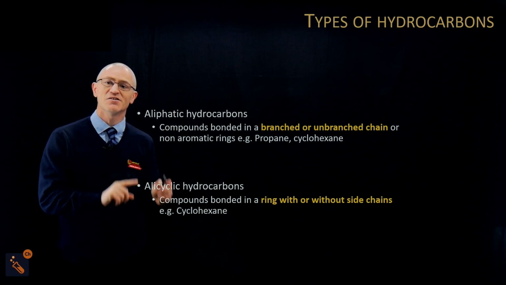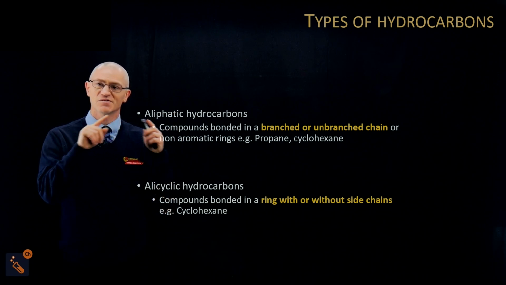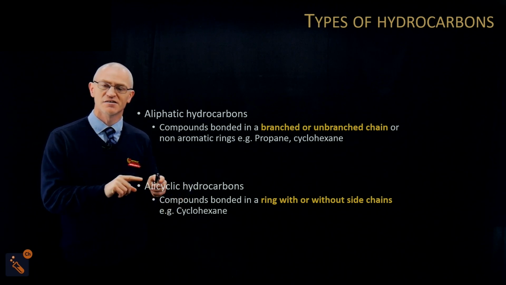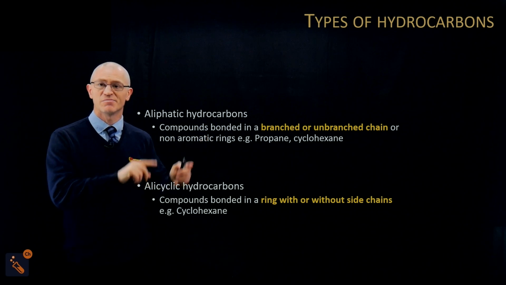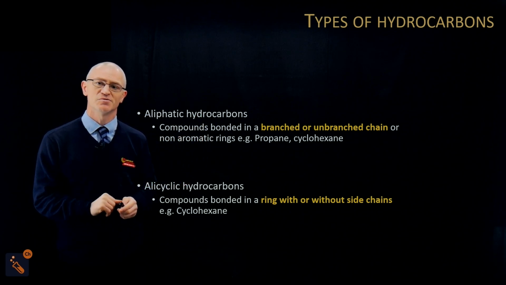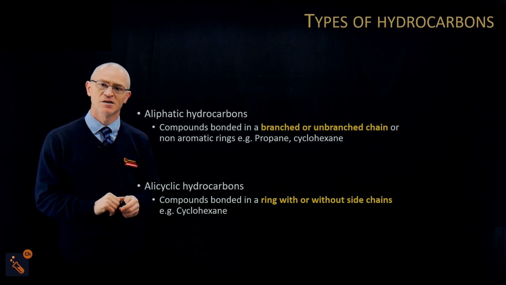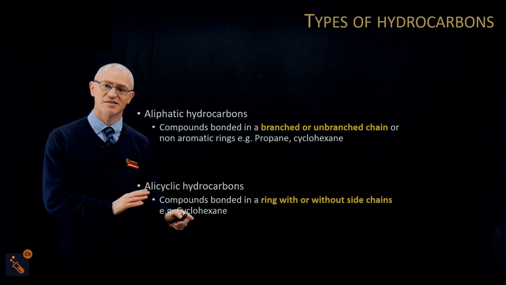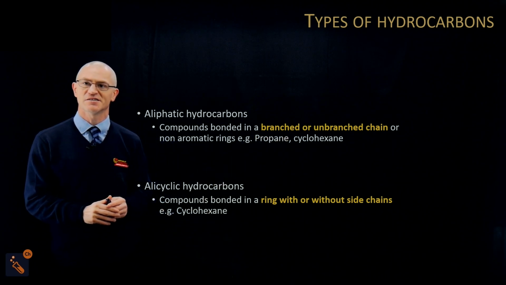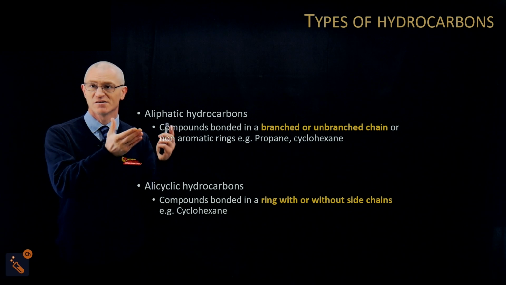An aliphatic is not alicyclic because an aliphatic doesn't have to be in a ring. But the alicyclic are in a ring, but they're made out of a chain. And because they're made out of a chain, they're also aliphatic. And we'll go through a couple of examples of that later. But you notice cyclohexane is an example of alicyclic, and it's an example of aliphatic because the alicyclic are also aliphatic.